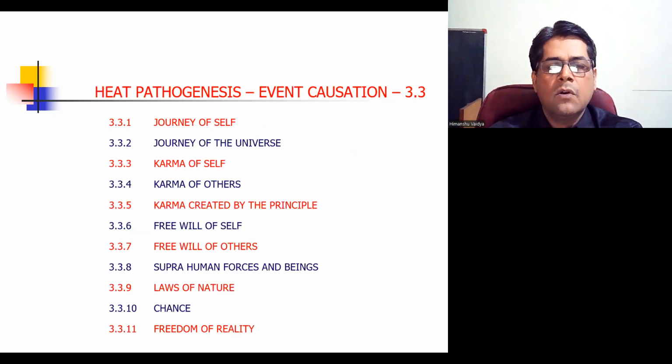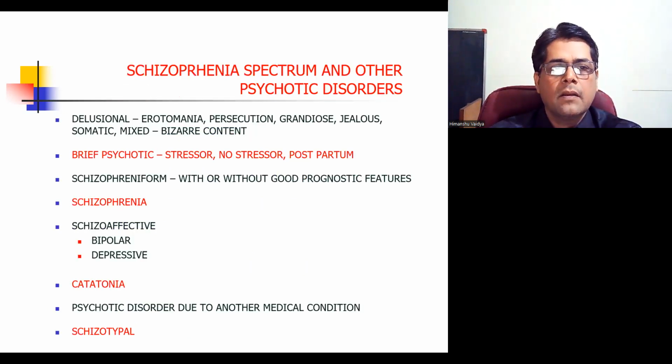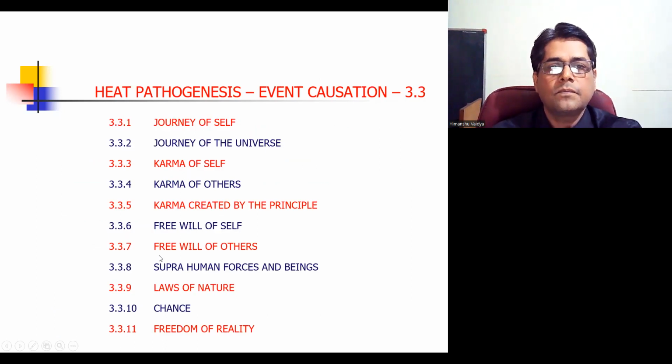So let us go to the general causality model. How do we apply this to the disorders we have listed out? 1, 2, 3, 4, 5, 6. First, for all the 17 chapters that we are going through, let me make a few general comments.